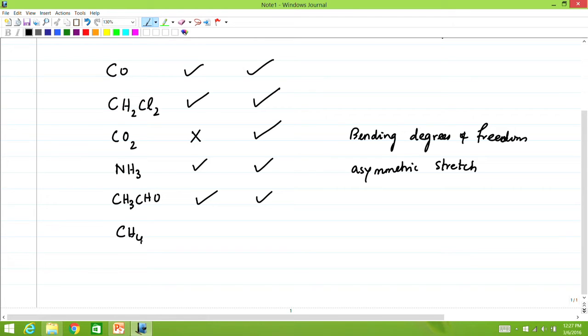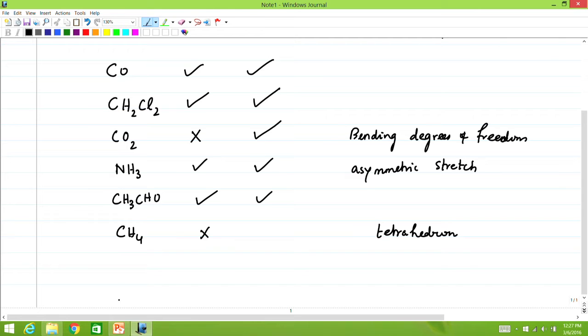Methane is a perfect tetrahedron, and in its tetrahedral geometry the electric dipoles add to cancel each other, and therefore methane does not have a microwave spectrum, but methane has vibrational motion. Please remember, it is a 5 atom molecule, therefore it has 3n minus 6 normal modes, which is 9 normal modes.